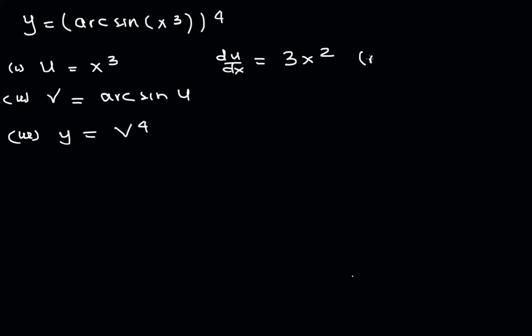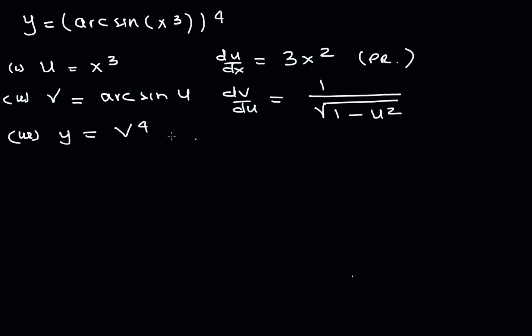So here we'll use the power rule. Here, we find the derivative of arcsine u. So dv/du, remember, this is du. It's going to be 1 over square root of 1 minus u squared. This is what we did in our introduction.